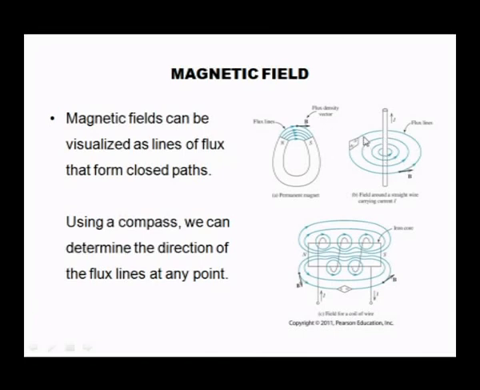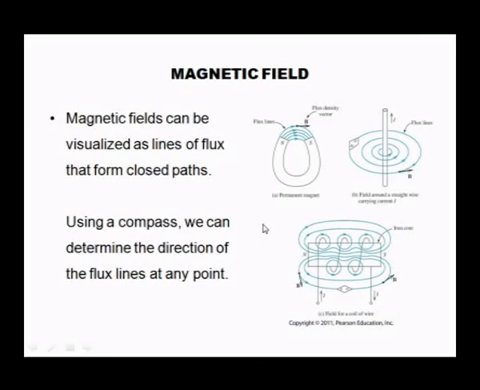If you place a magnetic compass in that, you can see that it is going to align itself in the magnetic field. Magnetic fields can be visualized as lines of flux that form closed paths.